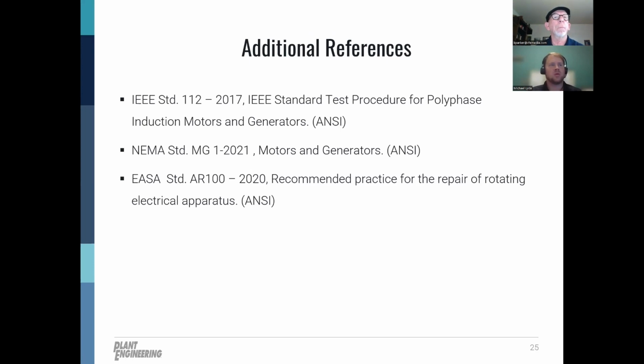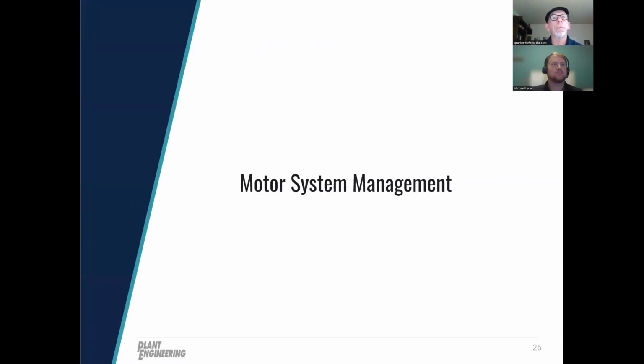NEMA MG1, new revision last year, and actually I think that's a free download if you go the PDF route. And then also ESA AR100, newly revised a couple of years ago. All of these are going to help you out. Great resources and references when you're stepping through these processes and troubleshooting your motor problems.